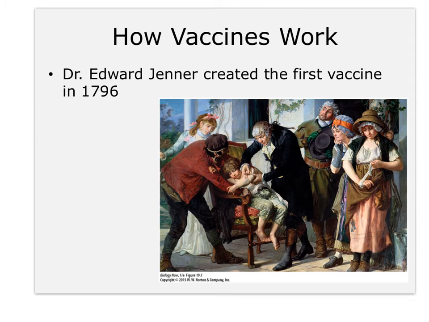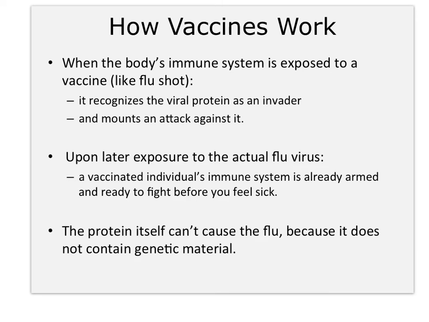So let's talk a little bit about how vaccines work. First, it was way back in 1796 when the first vaccine was tested. And since then, lots and lots are out there. It's really tricking our immune system into thinking that a real invader or something really bad has entered your body.